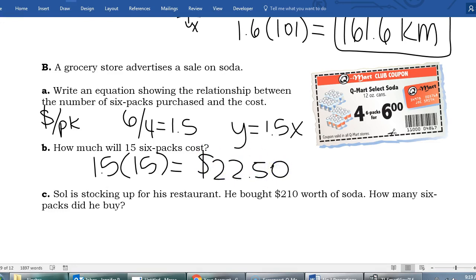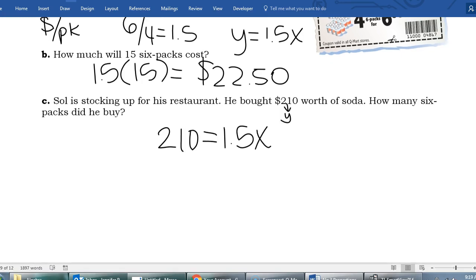And letter C says, Saul is stocking up for his restaurant. He bought $210 worth of soda. How many 6-packs did he buy? So in the previous two examples, we've substituted values in for x. Now we're substituting in for y. So that's going to be 210 equals 1.5x. So this is a case where we would divide.